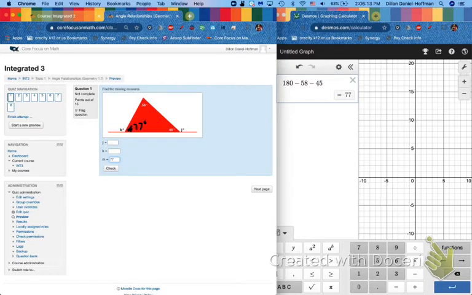Now, there are two different ways of getting J and K. The first thing is to remember that when you have two angles together and they share a line, notice the same line going through all these, these are what's known as a linear pair. It's also called supplementary, or a straight angle, and that means that they add to 180.